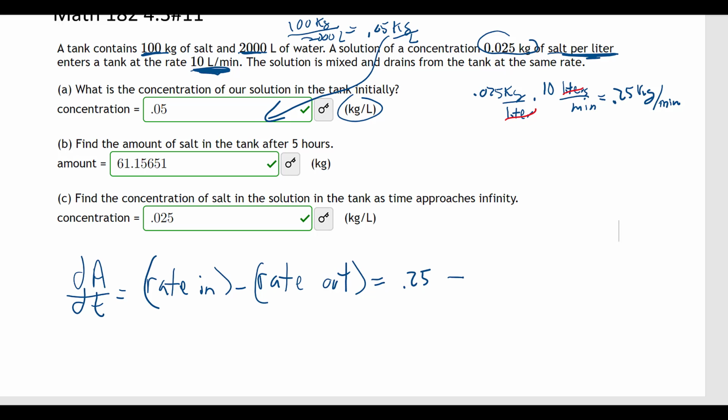So we can think of it as the current amount A divided by the volume of the tank. The flow rate in and out is the same, and it doesn't talk about a change in volume. So we want to come up with a fraction here, and 0.25 is going to be 500 over 2,000.